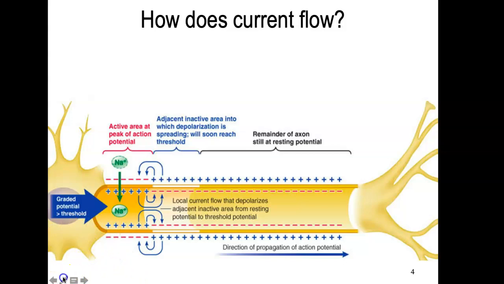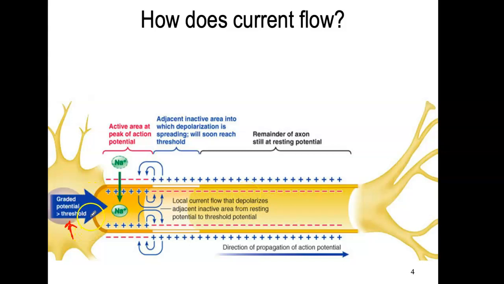So you see here, let me change to pen. Here is written for you, above threshold. If it's above threshold, then it's going to fire and it's going to go all the way down to the end of this neuron. It will never peter out and not quite get there.